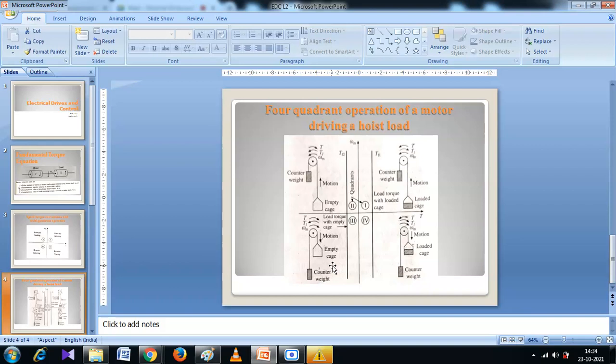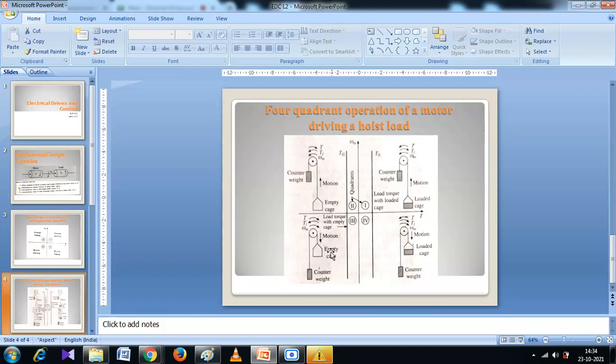We're going to explain that. Ritesh, just explain what will happen and how to do that. The empty cage is at the high level and the counterweight at the low level. We have to bring the empty cage from high level to low level.